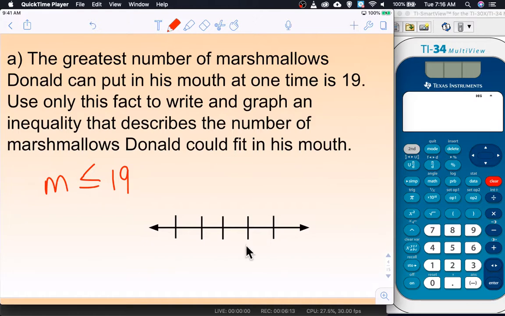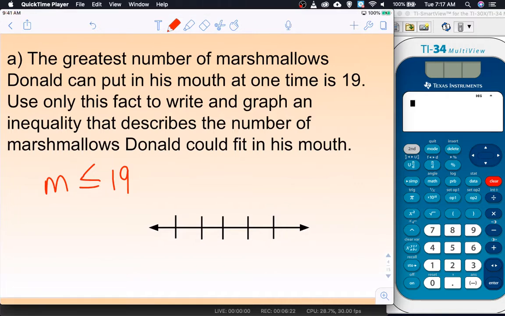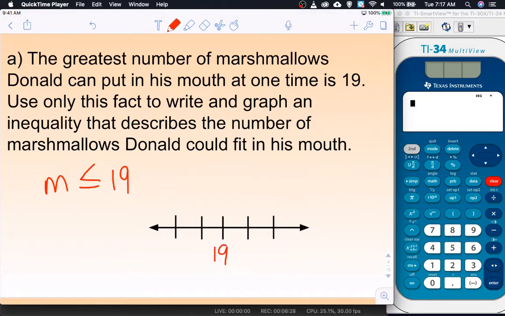That's just to keep it so we don't have to graph too many things. You can have number lines with 10, 15 lines on it. It just takes a little bit more time to graph. So I take the solution to the inequality and I put it in roughly the middle. There's no rule saying it has to be the exact middle. It's not wrong if you push it off to one side or the other. I just like it there because it makes it pretty.